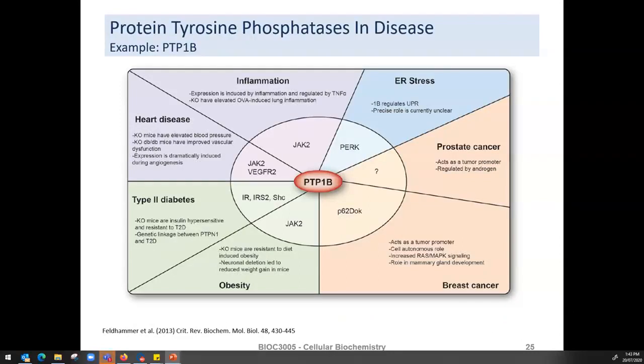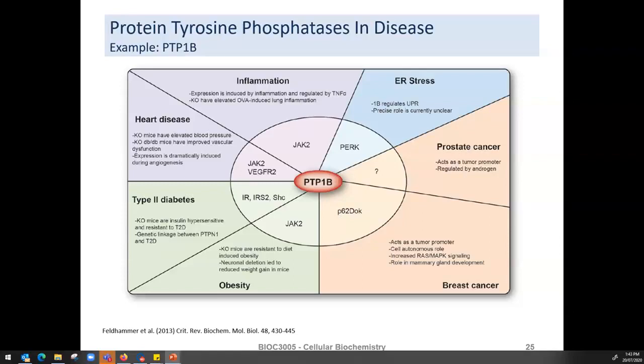We can take a look at an example of protein tyrosine phosphatases in disease. So the PTP1B has been shown to have a prominent role in metabolic signaling, particularly in obesity and type 2 diabetes. And this is through its interaction with IR and the JAK2 downstream of the leptin receptor.